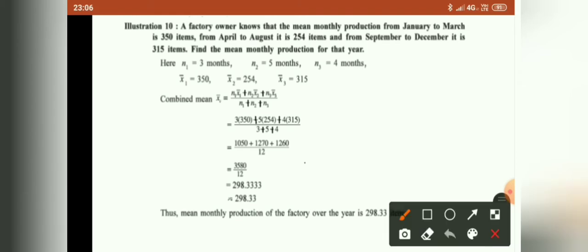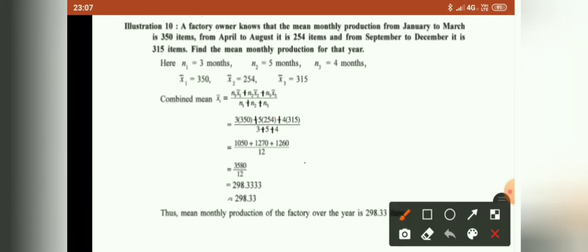Now we will find the combined mean. Combined mean x bar c equals, here we have 3 groups, so n1 x bar 1 plus n2 x bar 2 plus n3 x bar 3 upon n1 plus n2 plus n3. Now what is n1? n1 is 3. What is x bar 1? x bar 1 is 350. So we multiply n1 x bar 1 as 3 into 350.